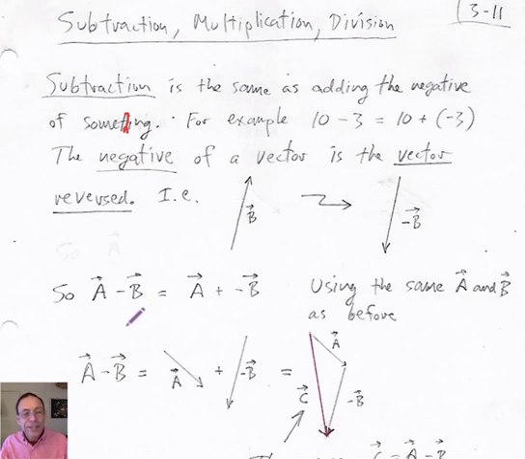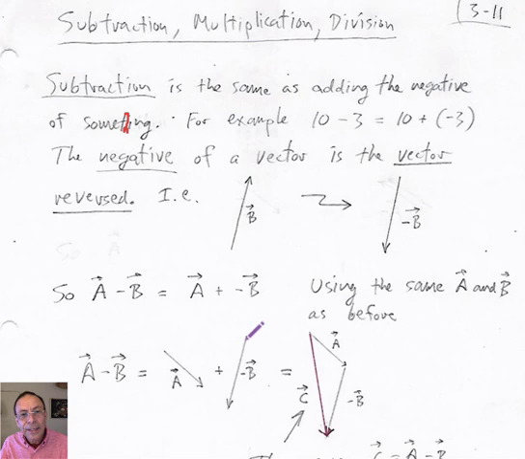So continuing with this idea, a minus b, the vector a minus the vector b, is the same thing as the vector a plus the negative of b. Continuing with the same a and b example vectors as before, if I want to do a minus b, here's my a vector, the same as before.